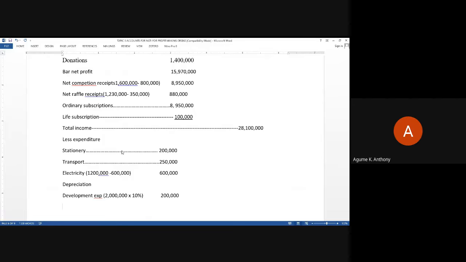Then I have depreciation for equipment. This is 6 million times 5%.